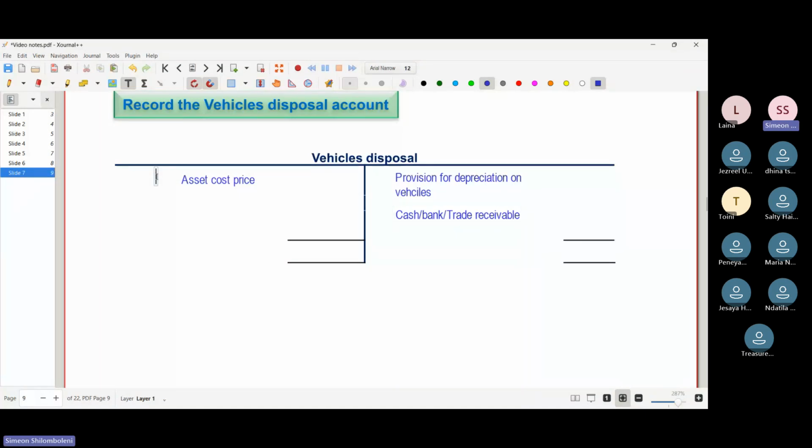So these are the only number 1, number 2, and number 3 things that you record there.